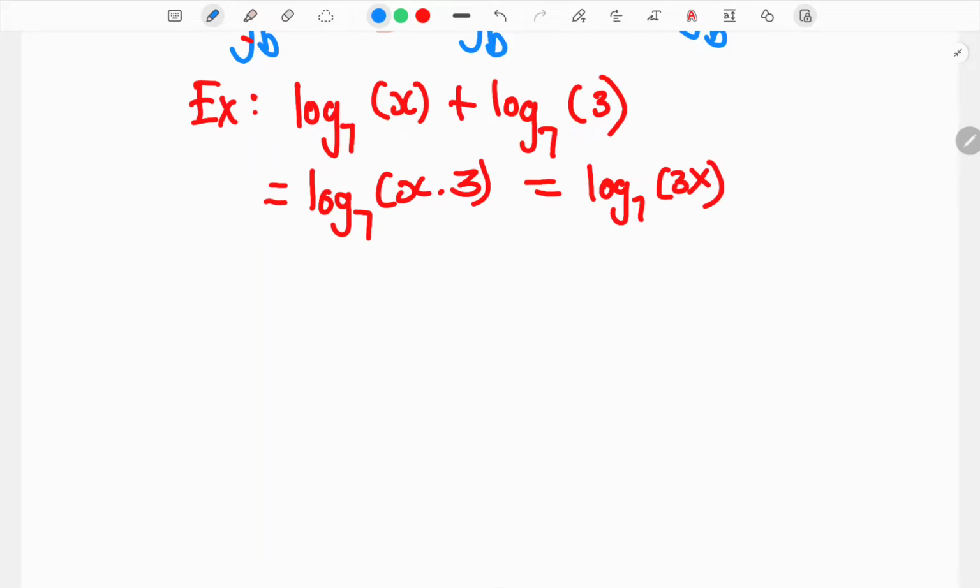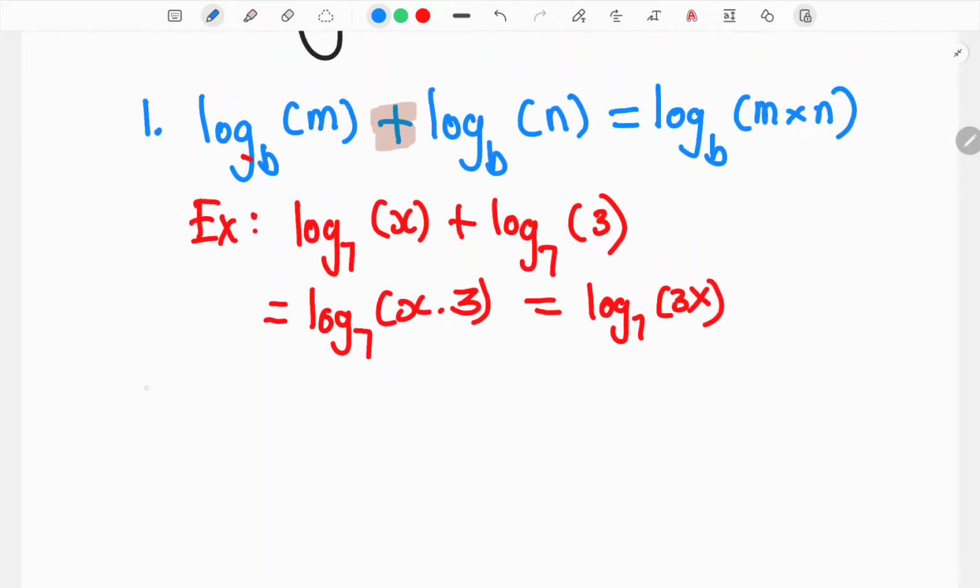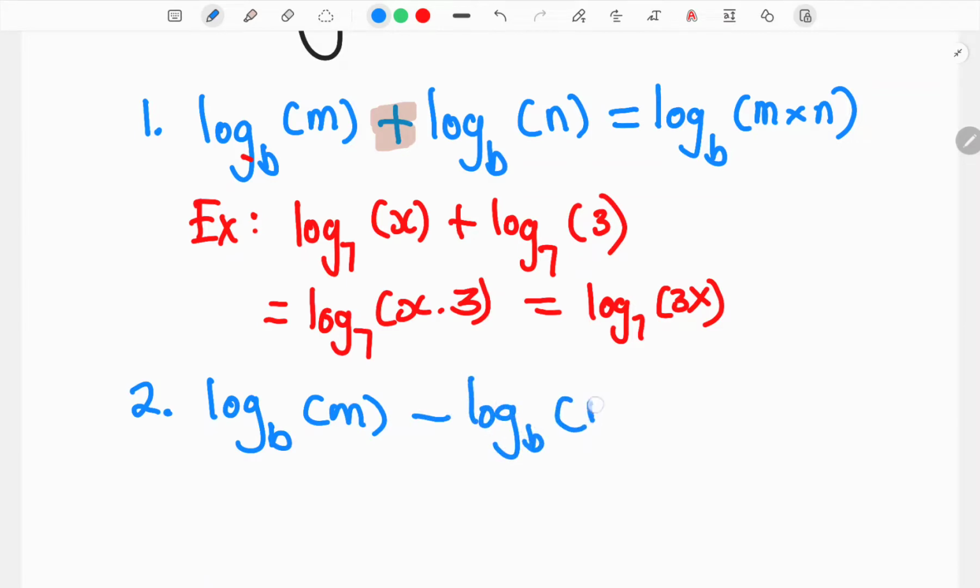But what happens when we have the same bases and a subtraction sign in between? You have log base b of m minus log base b of n. This gives you log base b, and what happens with the inside when you have a subtraction sign?